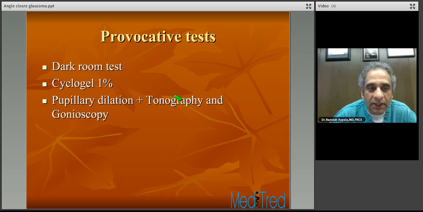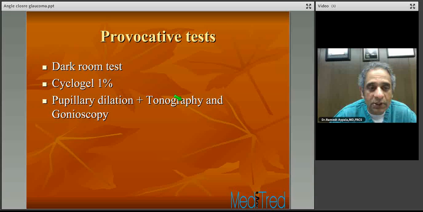So you check the intraocular pressure or do a gonioscopy, then position the patient in the dark room, and go back and examine the patient with minimal light in the room, with minimum slit lamp illumination, to see if A, the pressure is increased, and B, the angle structures have changed in terms of the convexity of the iris, the shallowness of the chamber, and the visibility of the angle structures. If the answer is yes, then the test is positive. If the answer is no, then the test is negative.